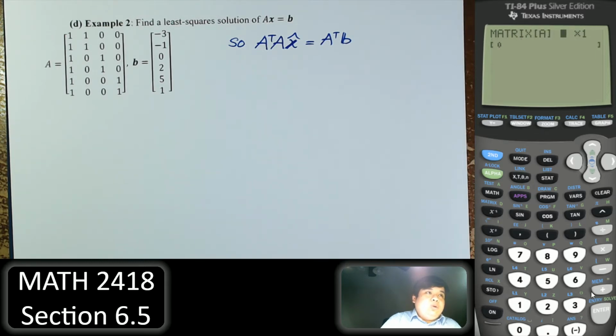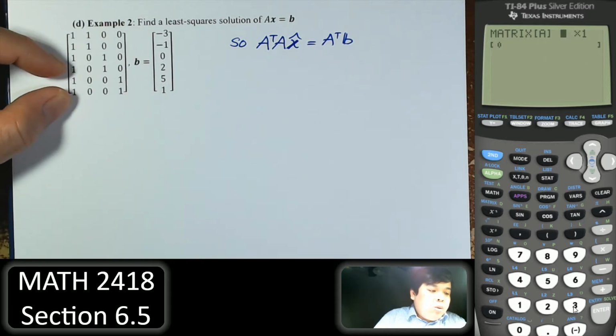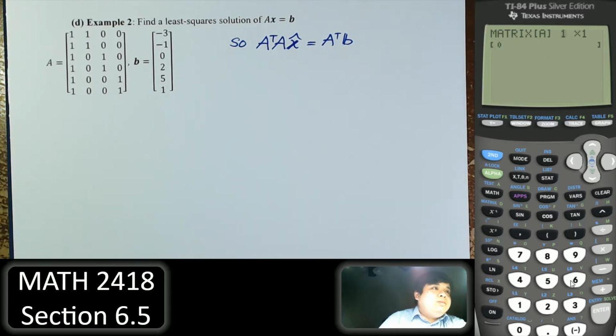Edit, let's store into the matrix A. That's 6 rows, 4 columns: 1, 1, 0, 0, 1, 1, 0, 0, 1, 0, 1. Oh, I see the pattern here.